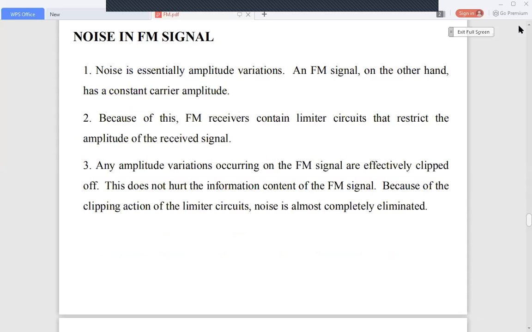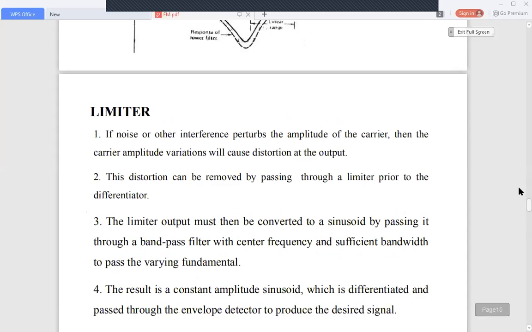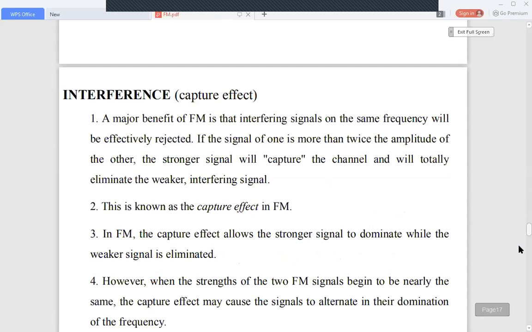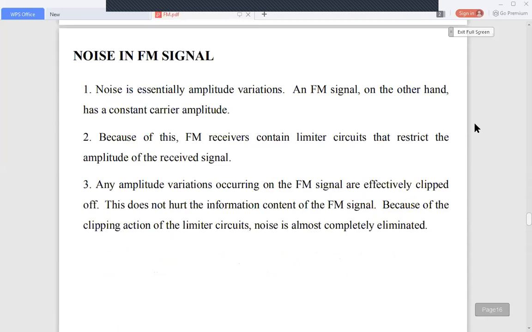Next topic is noise in FM signal. Generally, noise in FM is minimum. Mainly, noise is essentially amplitude variation. An FM signal carries information in terms of frequency. Amplitude is constant, so noise is minimum. An FM receiver contains a limiter circuit, which restricts the amplitude of the received signal.